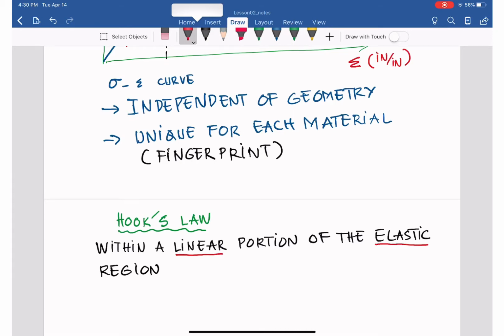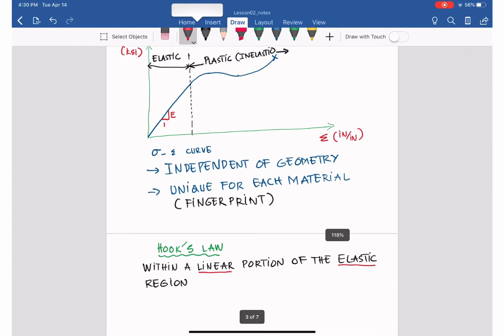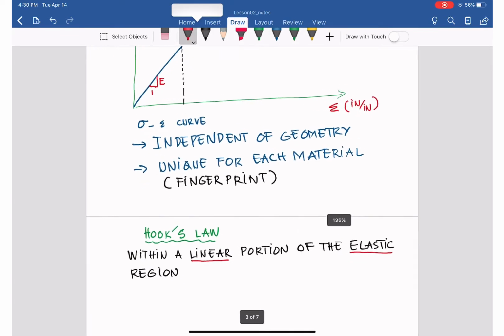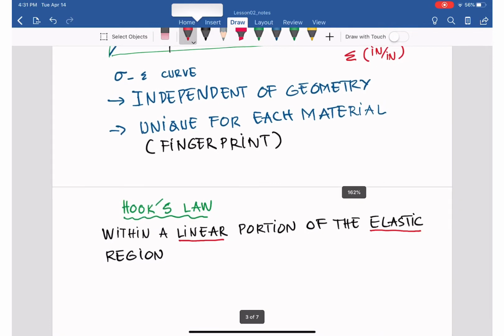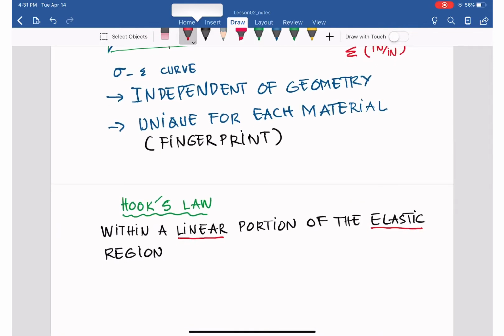The E, as you can see, is the ratio of vertical sigma and horizontal normal strain, and believe it or not, for that slope, E is constant for the same material, so that's sigma over epsilon.